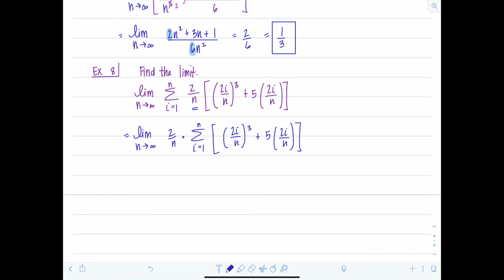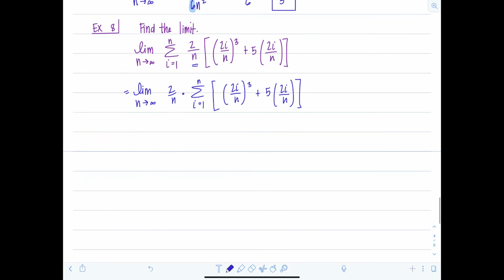All right, can I clean up my sum a little bit more? Can I pull out any more constants? Well, I notice I have 2 over n cubed and then another 2 over n here. So I can take out a 2 over n. Why not? Let's clean things up.